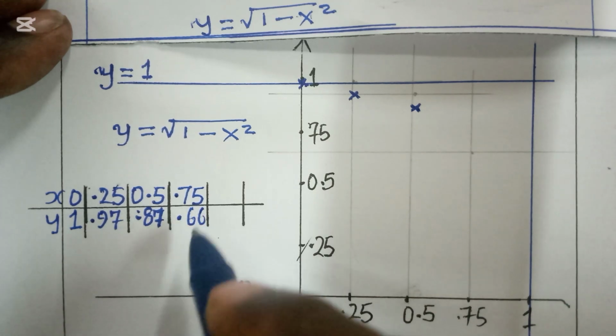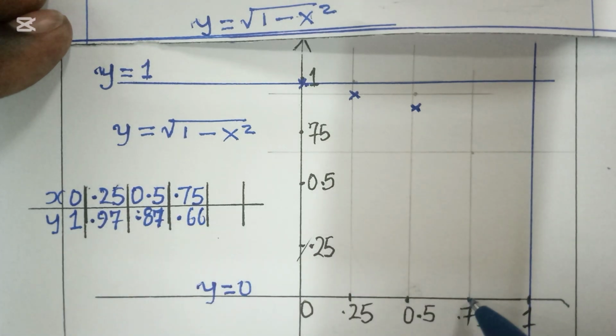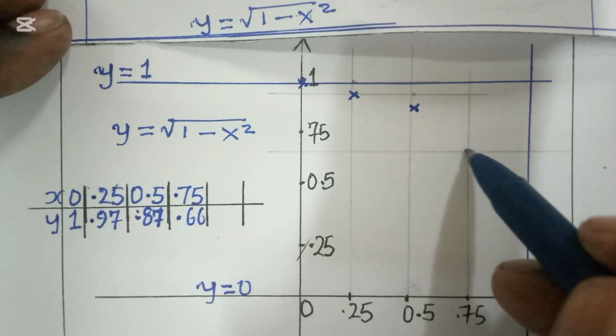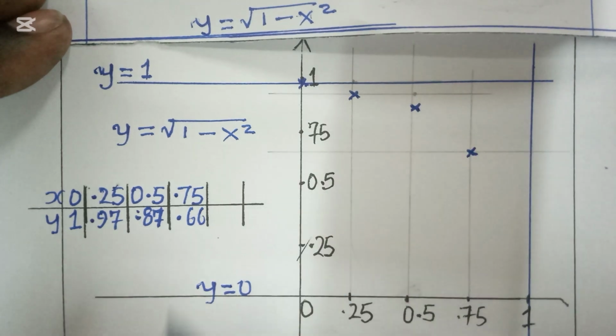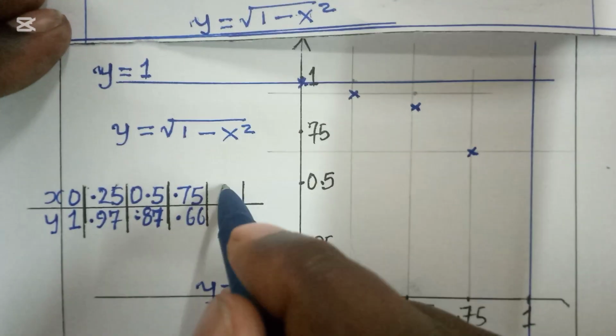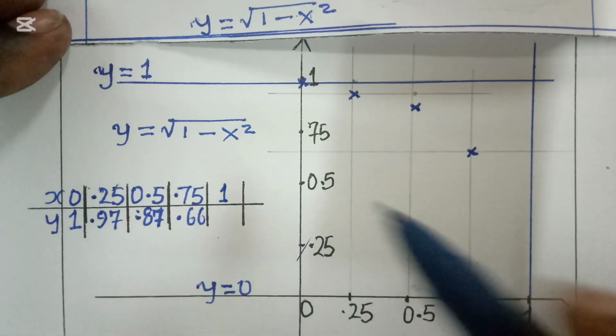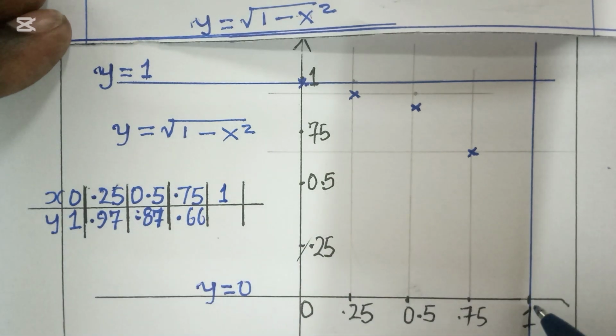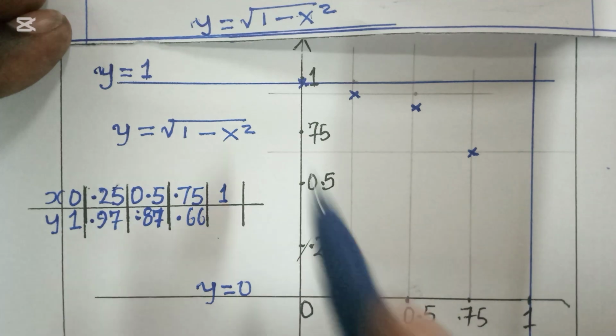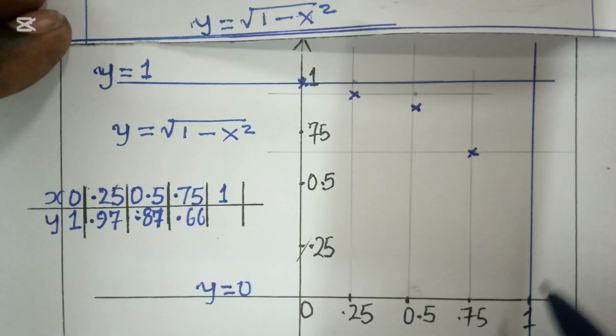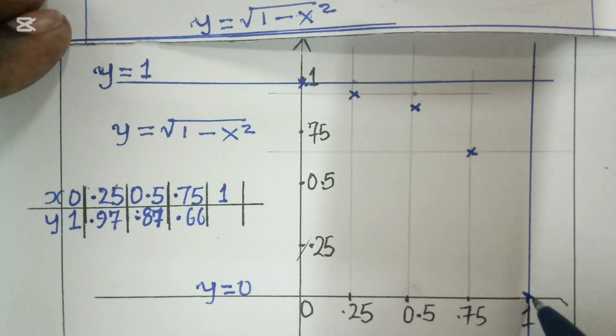So 0.75, you go to 0.66, and this is our point. Then from there you go to 1. For 1, which is now the lowest point, that is at the boundary, this one now gives us 0. So this is our point.